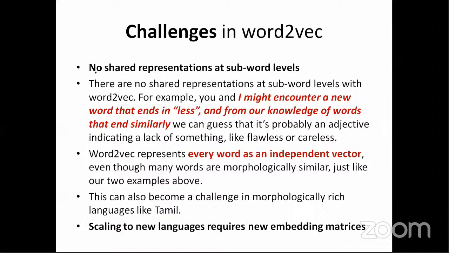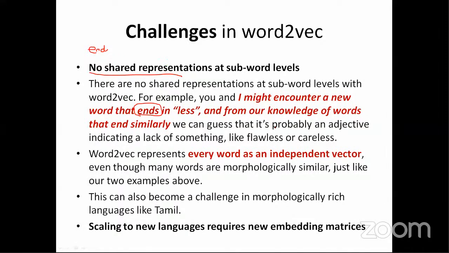Okay. The third issue is no shared representation at subword levels. Suppose we have a word, I'll take a simple morphology example, say 'end' and 'ends'. The system will treat end and ends as two separate words, though this is an inflection.